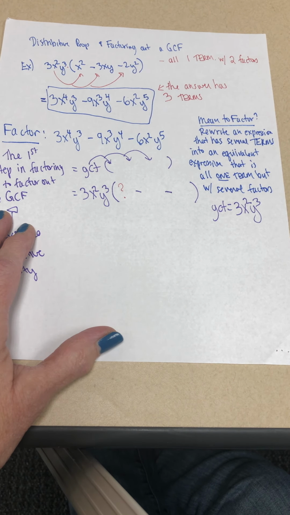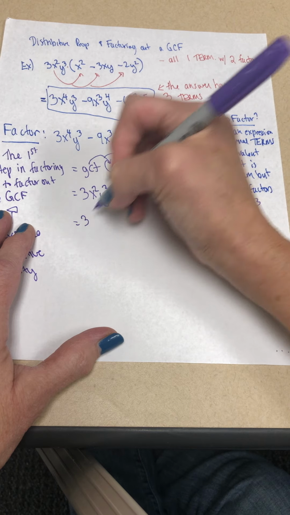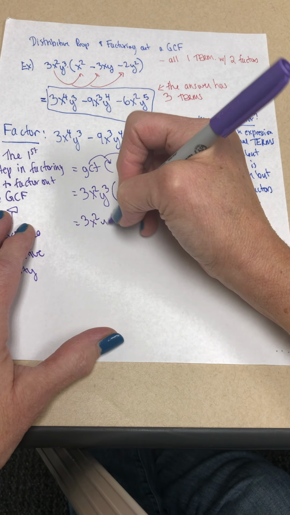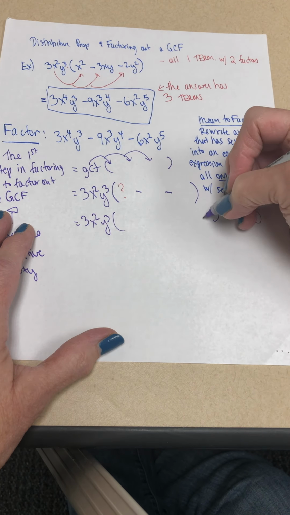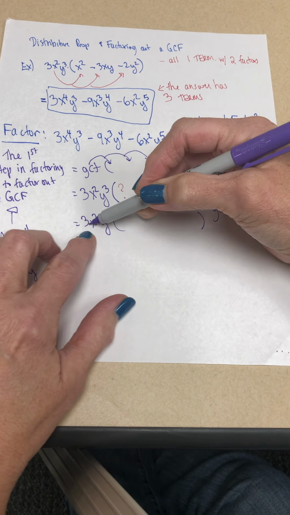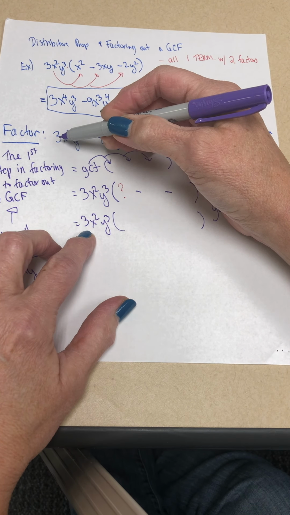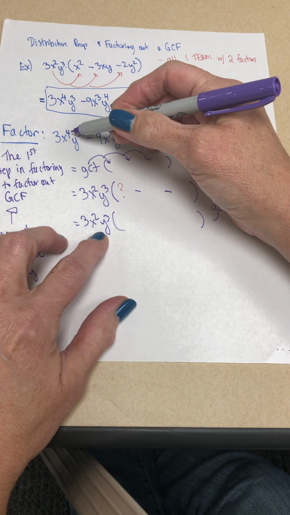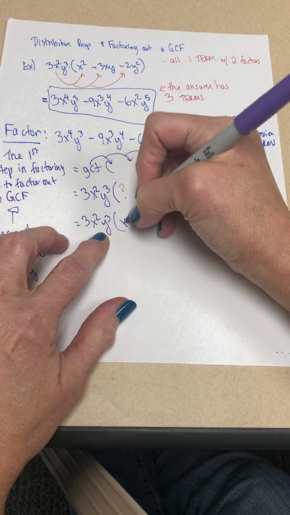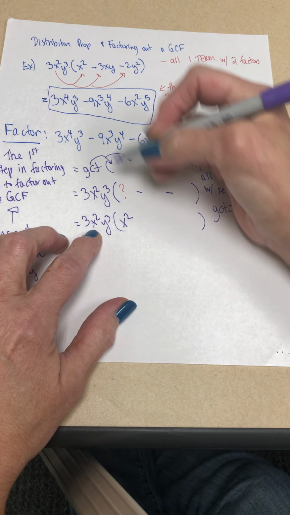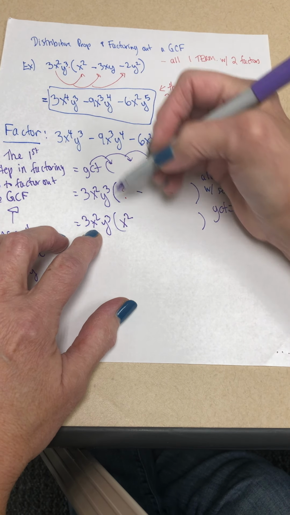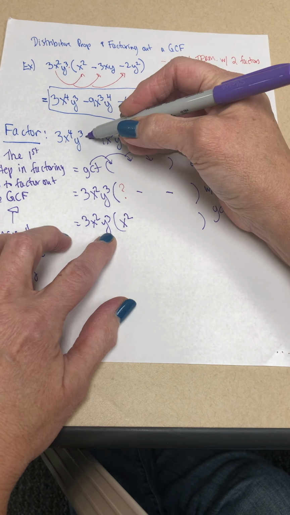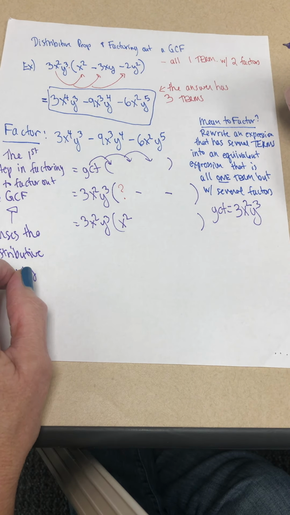Well, 3 times 1, we don't need any coefficient there. x squared times what would give me x to the 4th? I would need x squared, because x squared times x squared gives me the x to the 4th back. Y cubed, that's exactly what I got. Just need the x squared.